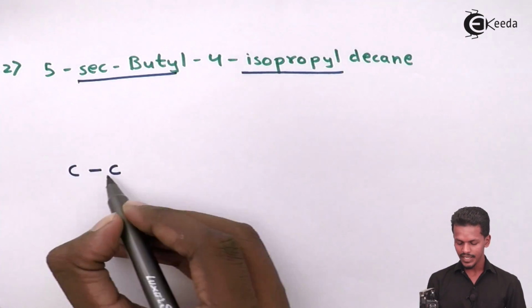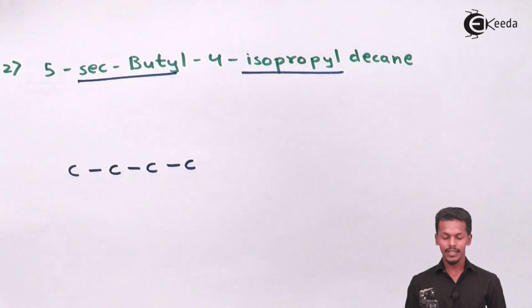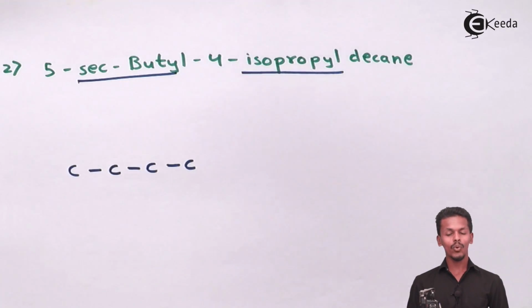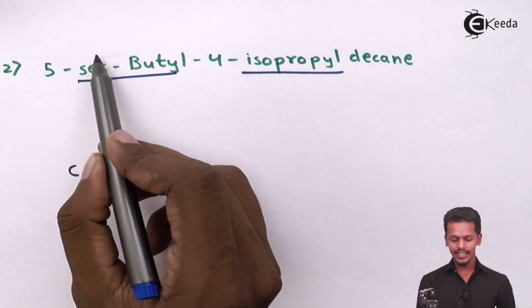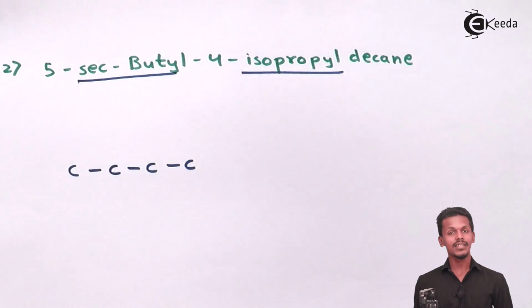So this is the 4 carbon atoms, and here I have marked that it is secondary. Secondary means the attachment will be from the second carbon, which is itself a secondary carbon atom.